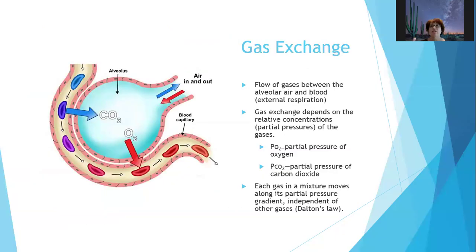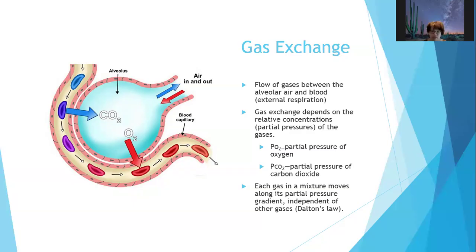So gas exchange is actual respiration, where we're exchanging oxygen and carbon dioxide in the alveoli. The flow of gases between the alveolar air and the blood is external respiration. The gas exchange depends on the relative concentrations, partial pressures, of the gases. The partial pressure of oxygen is PO2 and the partial pressure of carbon dioxide is PCO2.